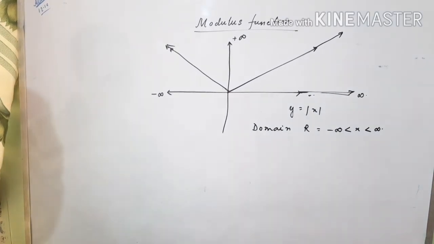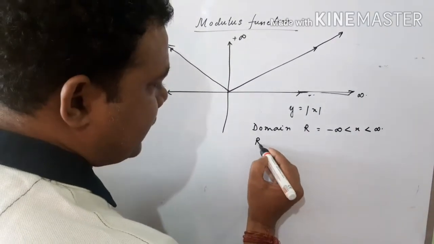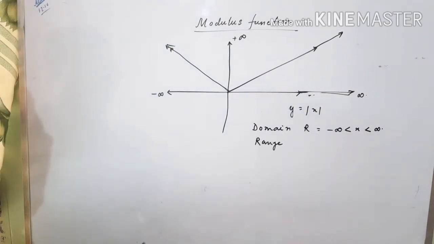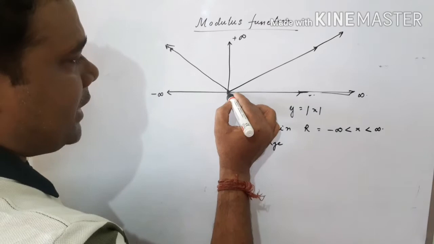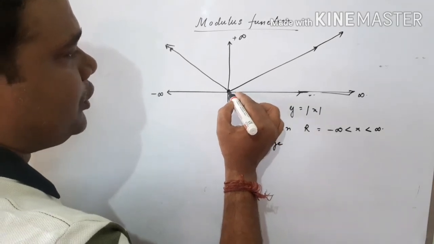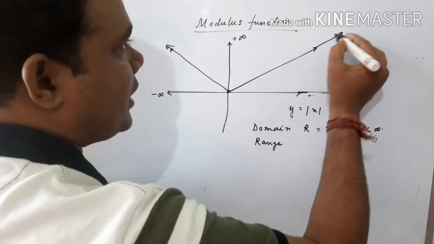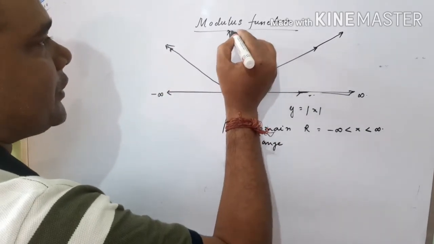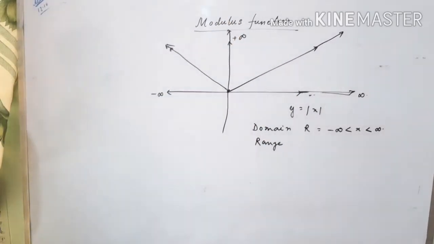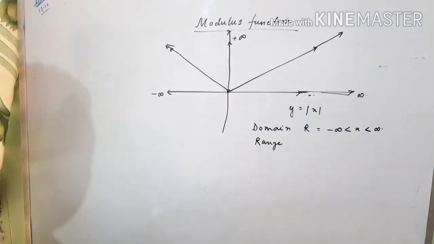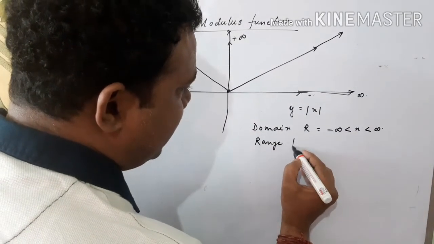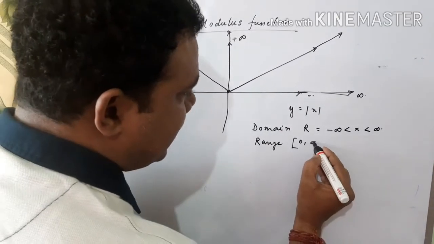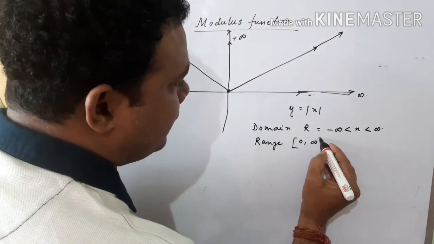Now if you consider the range of the function, what is range? Range is all possible values of y. Now see that y is taking the value 0, and the function is going like this on both sides. That is, y is extending from 0 to plus infinity. So we can say that the range can take the value 0 and it's extending up to plus infinity.